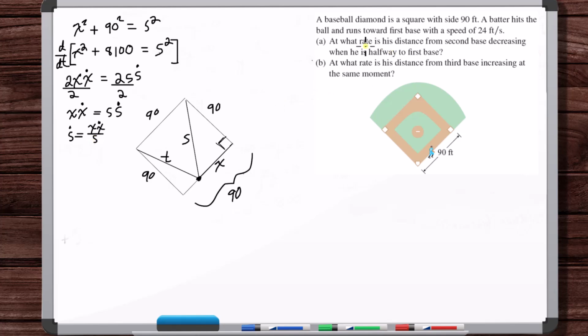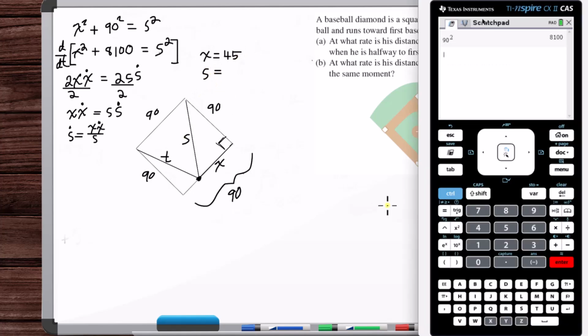Well, we know x because it says he's halfway to first base, so x is going to be 45. What does that mean s is? Well, 90 squared plus 45 squared, square rooted, is about 100.6.